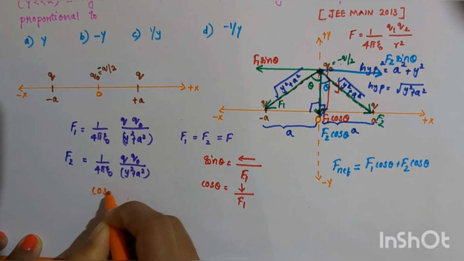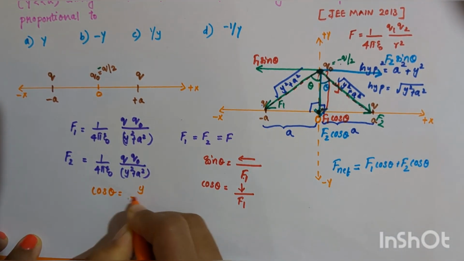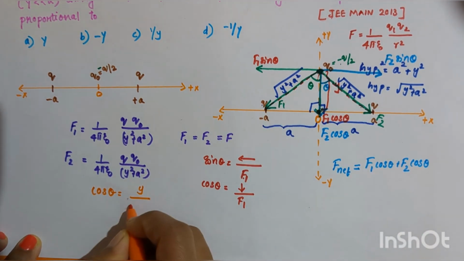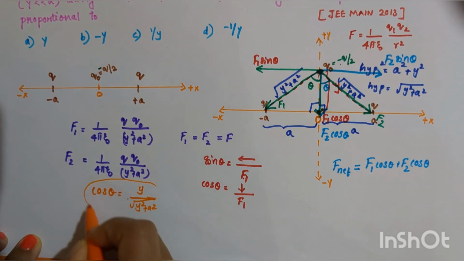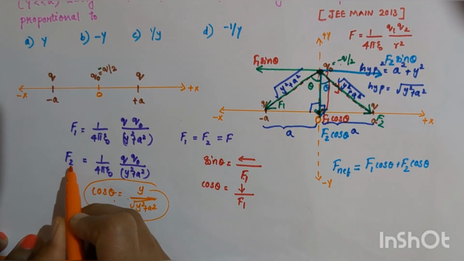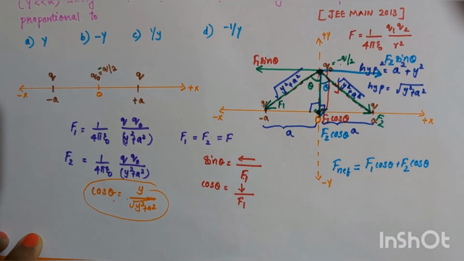Cos theta equals adjacent side, which is y, divided by hypotenuse. Hypotenuse is actually root of y square plus a square. So, here we have the value of cos theta, the value of F1 and the value of F2. We just want to substitute all these into this equation.